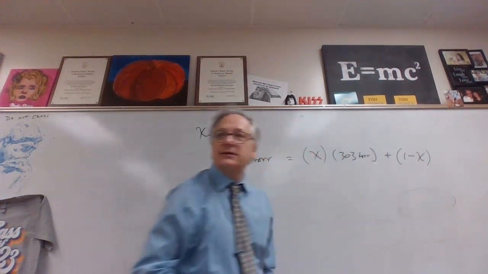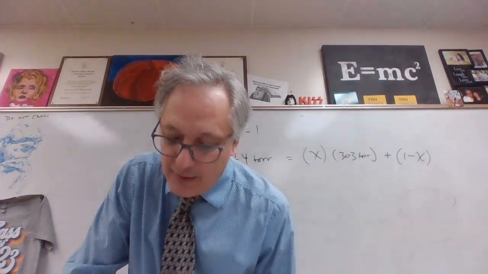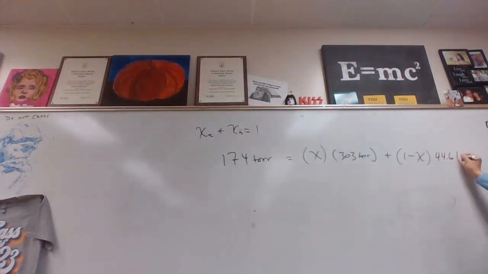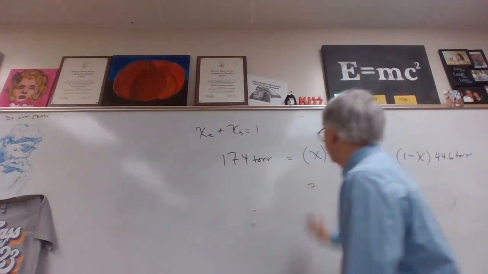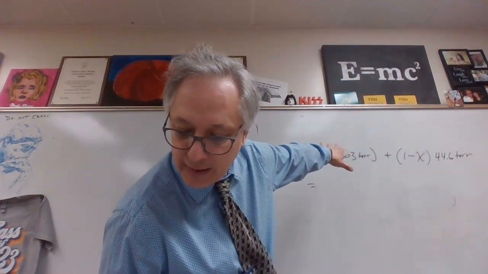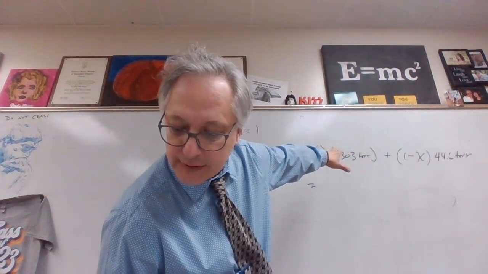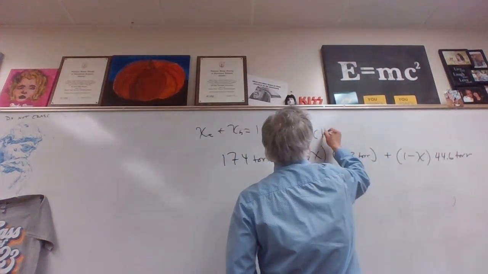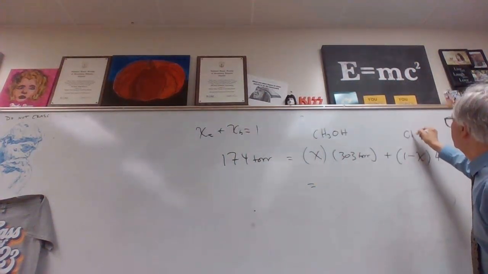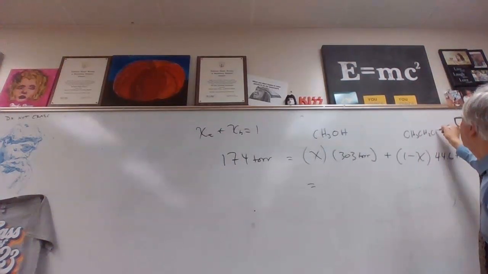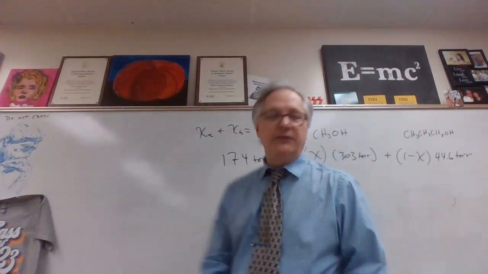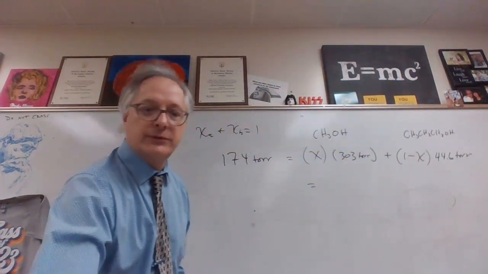I'm going to call the other 1 minus chi, and that's going to be 44.6 torr, and this is the propanol, CH3CH2CH2OH. I'm going to put this on pause, and I'm going to see if you can do the algebra and solve for those two values.